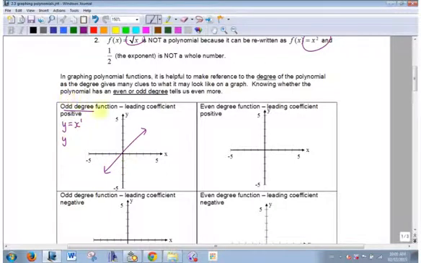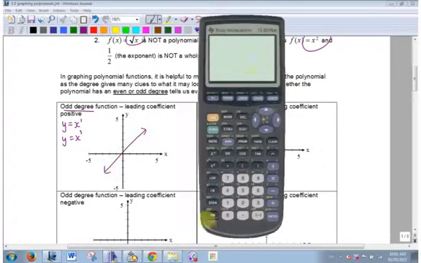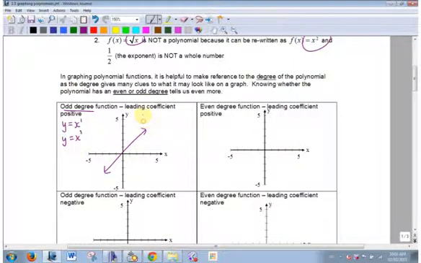How about another odd degree function? After 1, our next lowest odd number is? Anyone know what that looks like? Maybe you saw pictures of it, but maybe we don't have it memorized. Well, actually, before I even graph it, we'll think. If x is 3, 3 times 3 times 3, y is something really big.